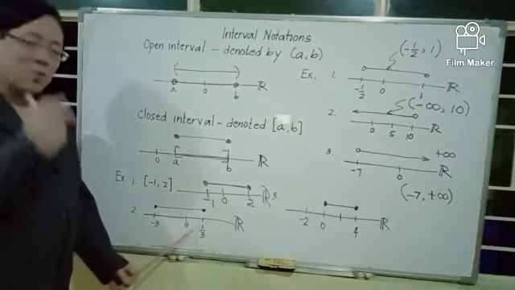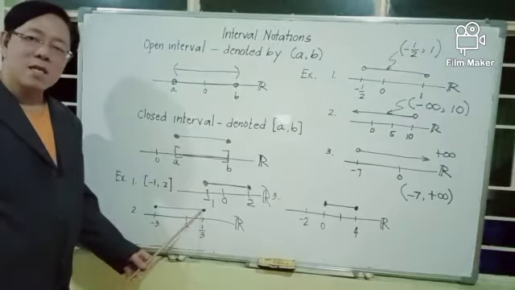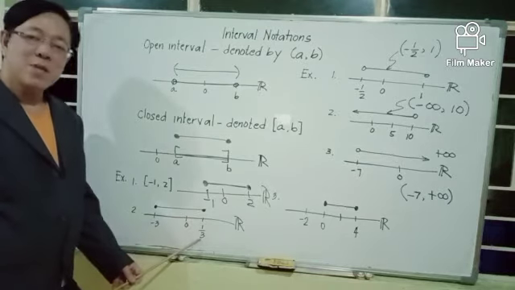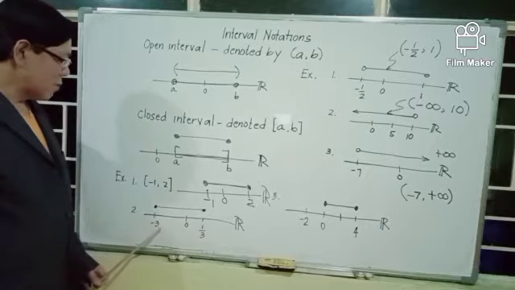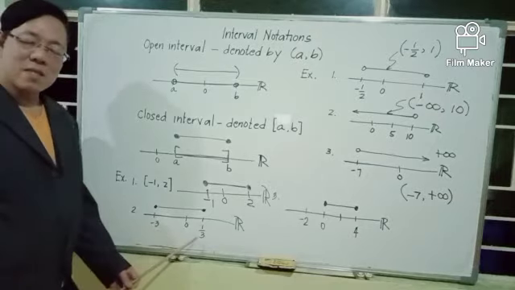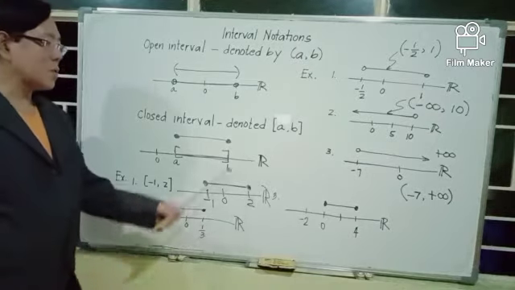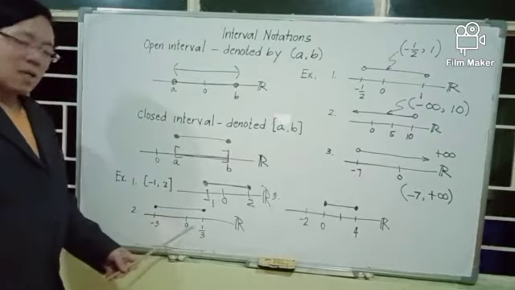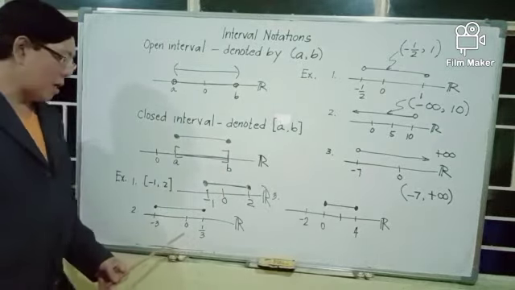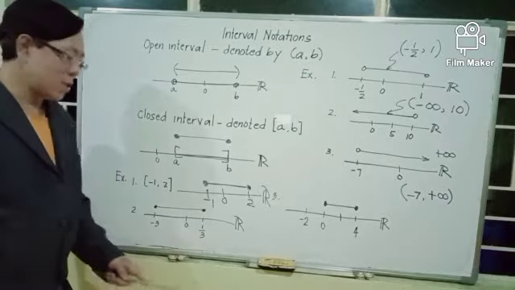And also at 1/3 we have a shaded small circle, and that means that 1/3 is also included in the set. Therefore, we represent this in interval notation using a closed interval. This diagram represents the closed interval from -3 to 1/3.